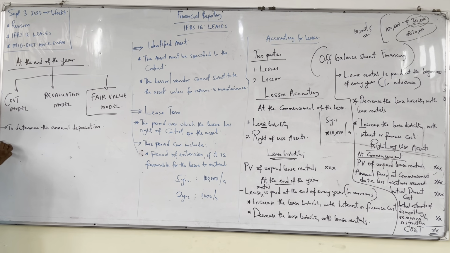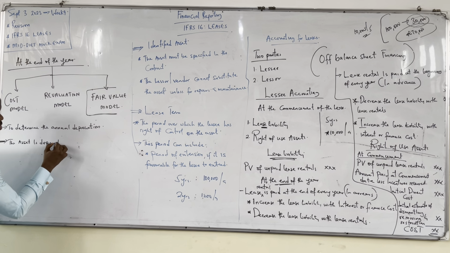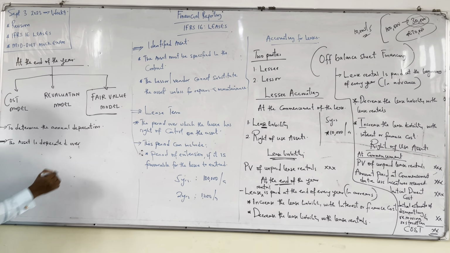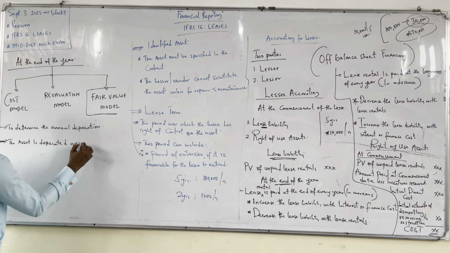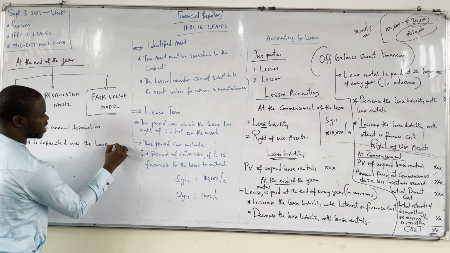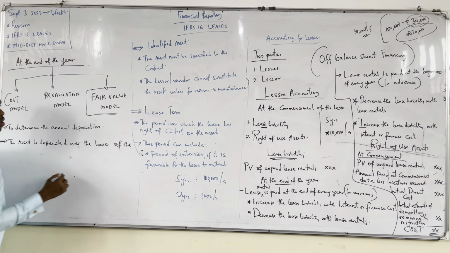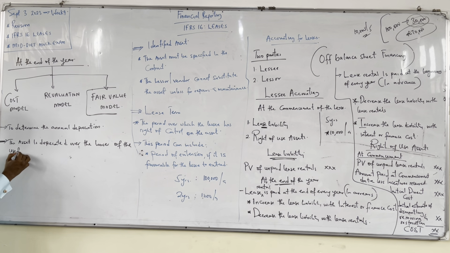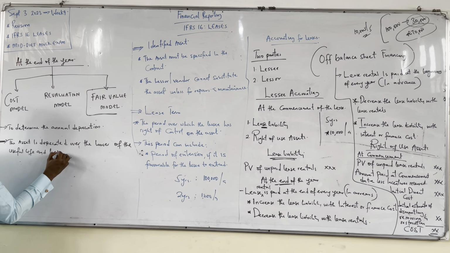Now, the asset is depreciated. Is it over the lease term or over the useful life? Usually it's the lease term, but the standard says over the lower of the useful life and the lease term.